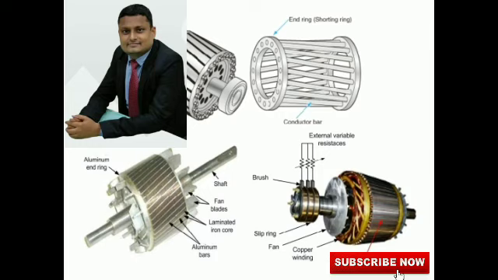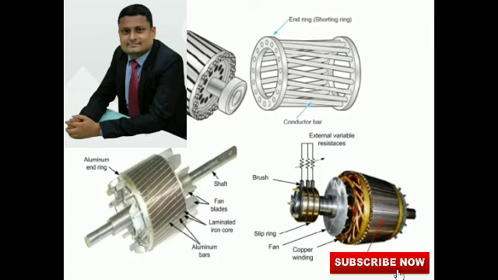This arrow is indicating fan blade, and this one is laminated iron core. These are the aluminum bars, these are laminated iron core, these are fan blades, this is shaft.